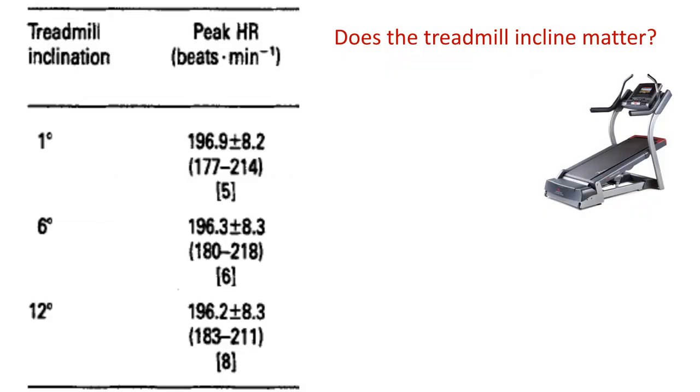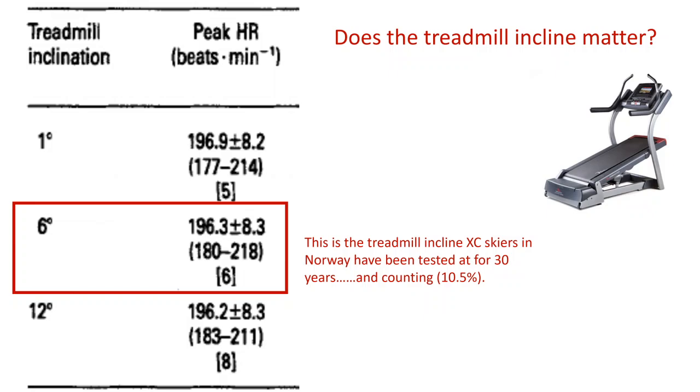Different athletes hit their peak on different of these inclines. Just as an interesting point, this is the treadmill incline that cross-country skiers in Norway have been tested at for 30 years and counting. It's 10.5%, and probably may have been based on this study, I'm not sure, but at any rate, it's been the standard way of testing cross-country skiers.